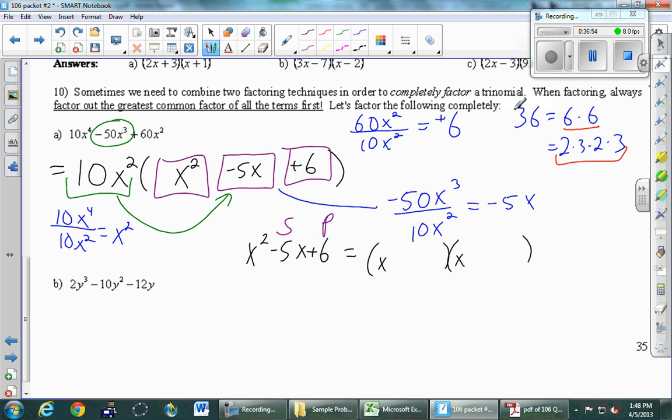Product is supposed to be positive 6. There's not that many possibilities. 1 and 6, 2 and 3, or all negatives of what we just said. We're trying to get a negative 5 in the middle, 1 and 6, or 2 and 3. 2 and 3, right? With negatives. Negative 2, negative 3. So that means that our final answer is we pulled out the 10x squared, and then we decided x minus 2 and x minus 3 was the other part.